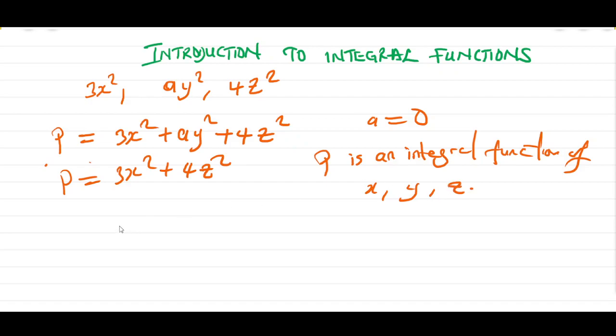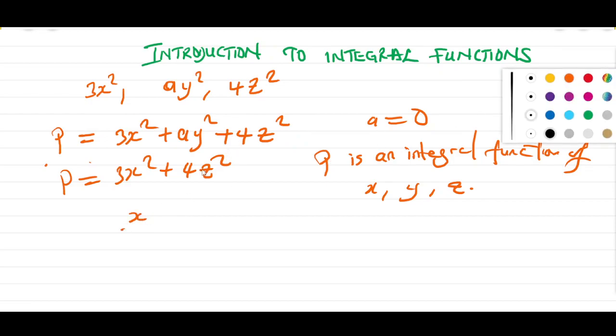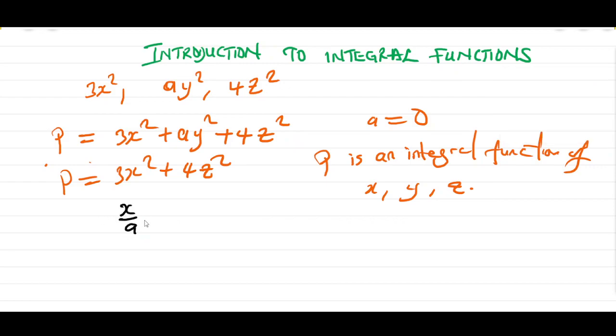Here let's consider an example. If we had x over a plus y over b plus z over c, and let's say this expression is equal to capital A. If A is regarded as a function of x, y, and z, that is, if the value of A depends on the value of x, y, and z, here only x, y, and z may change.